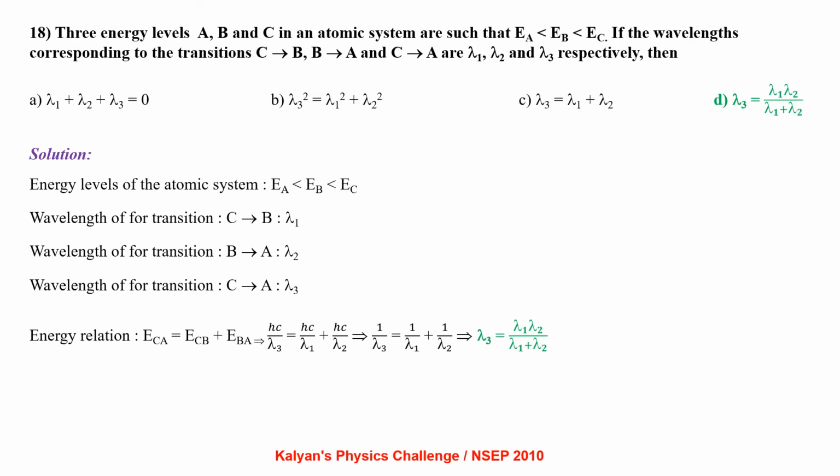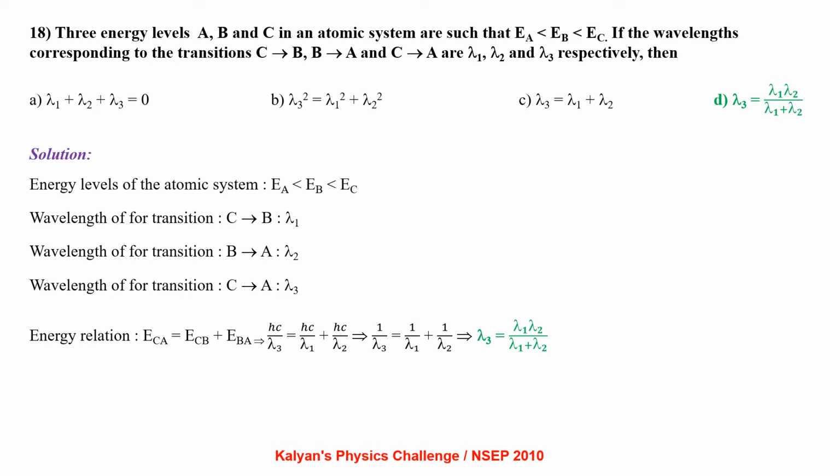Three energy levels A, B and C in an atomic system are such that EA is less than EB less than EC. If the wavelengths corresponding to the transitions C to B, B to A and C to A are lambda 1, lambda 2 and lambda 3 respectively, then energy levels of the atomic system EA less than EB less than EC.